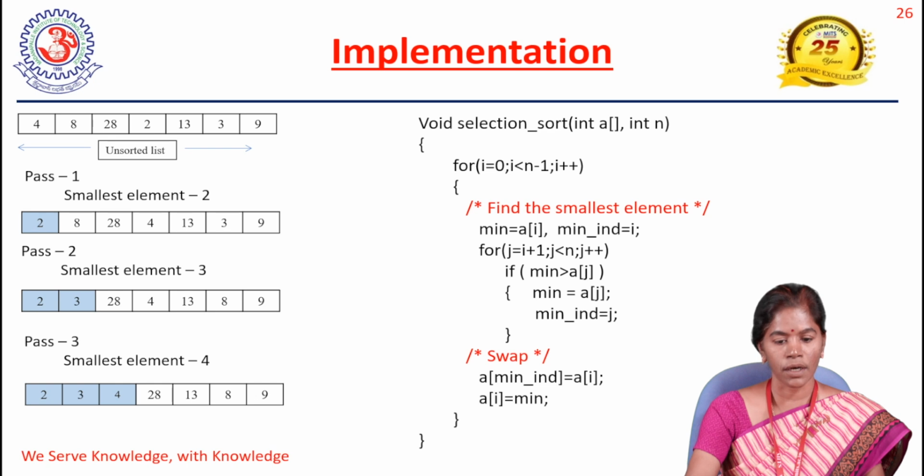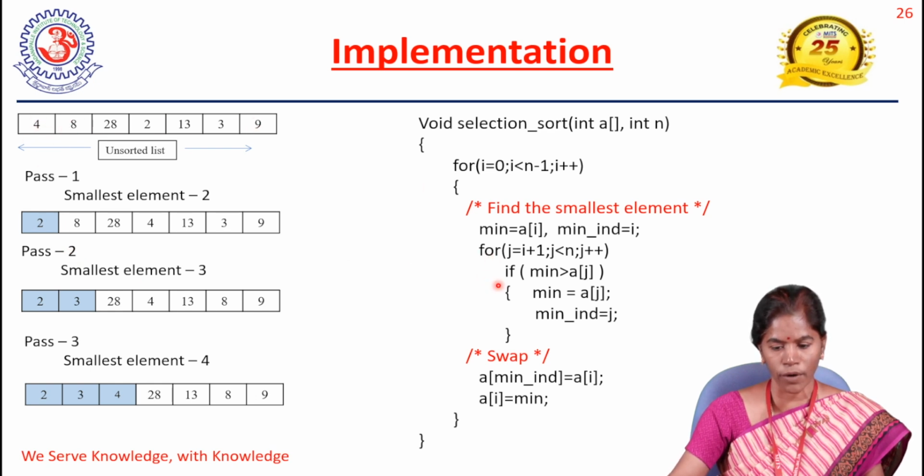With an example, it is shown here. In the entire list, the first element is at index number 0. That's why i is equal to 0 here, and we pass the minimum first element as a of i. The first element 4 is compared with the remaining elements.